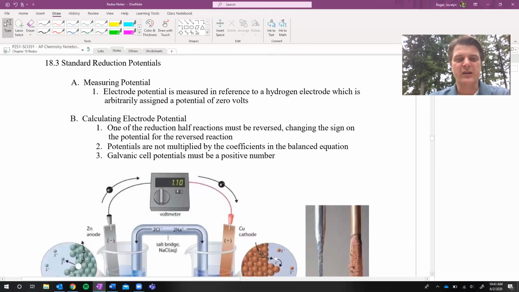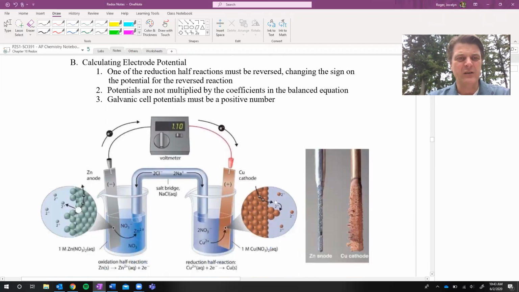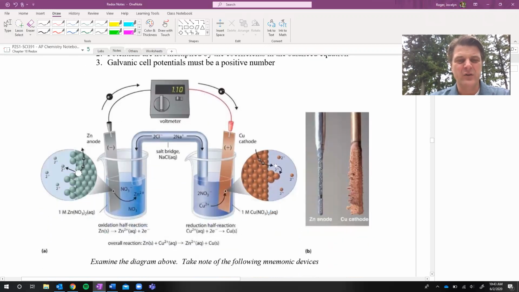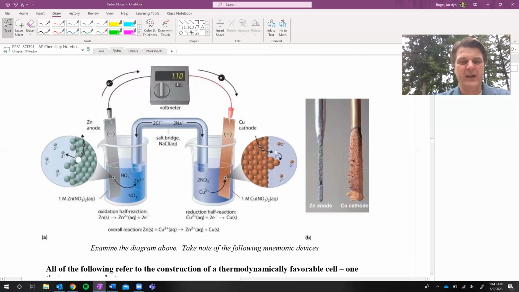Okay, so let's go to section 18.3, standard reduction, calculating that. Here's a much nicer diagram of the cell. We have a zinc electrode, the solid zinc, and a zinc nitrate solution, so this is Zn2+.